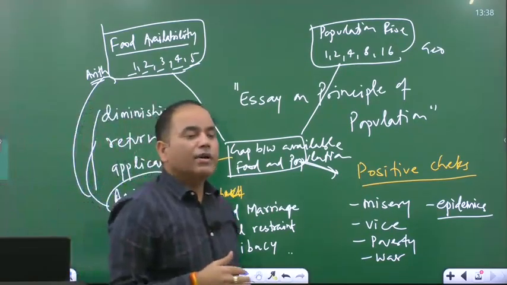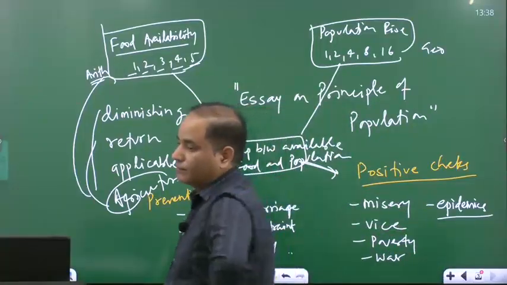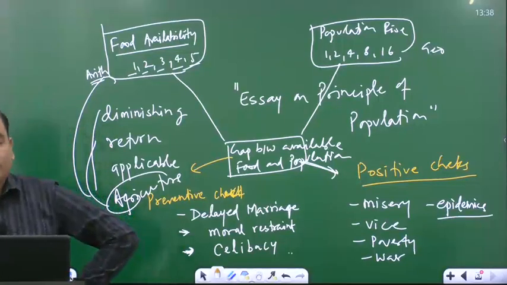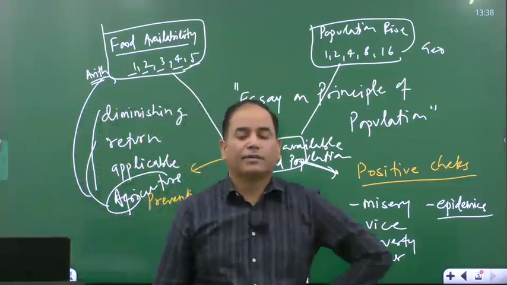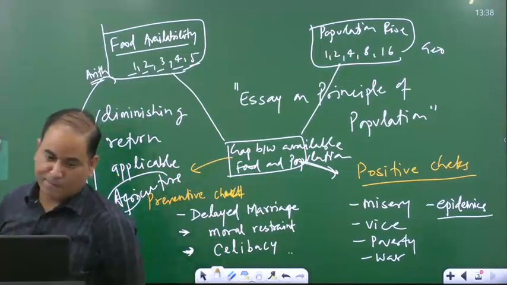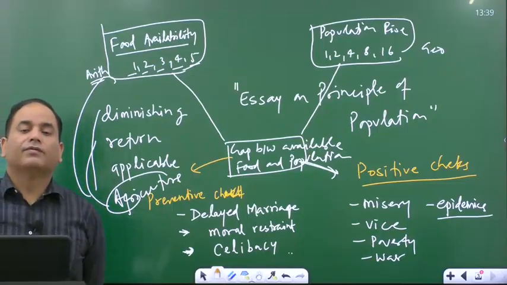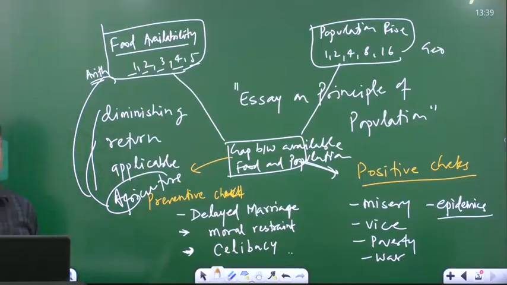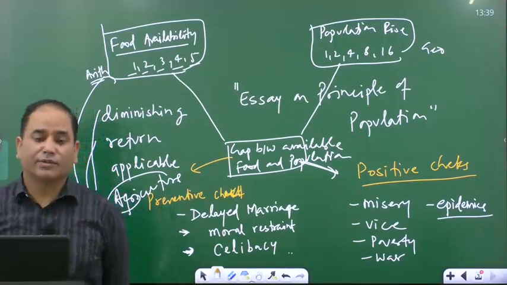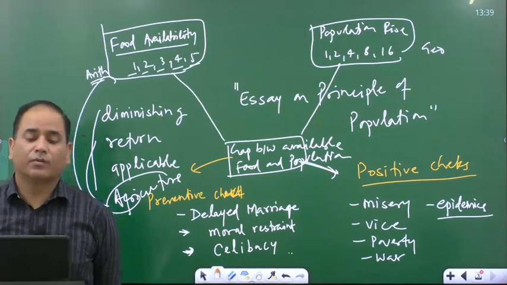Next paragraph. As the population grows geometrically and food availability arithmetically, population will outrun the food supply, which will result in a situation of overpopulation.